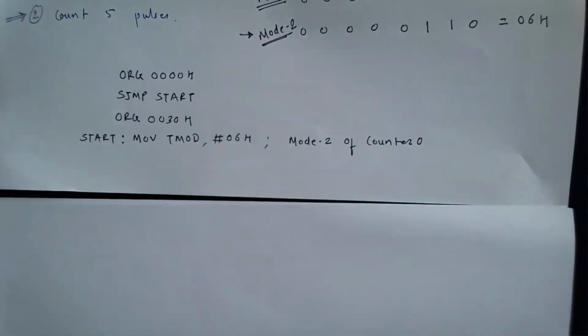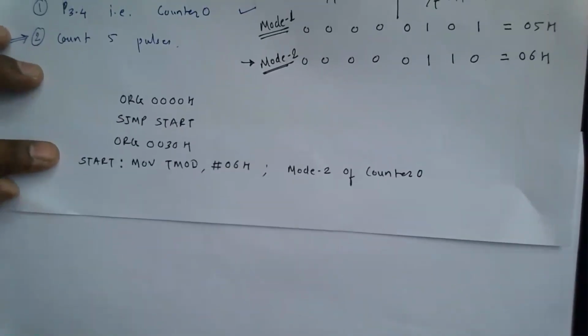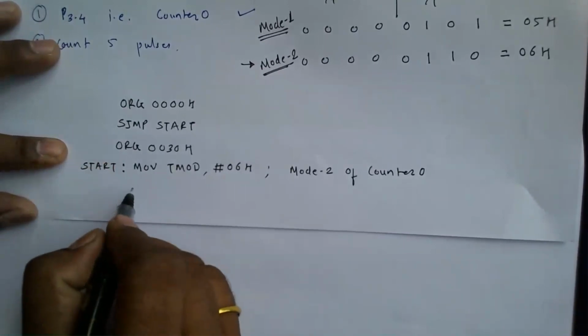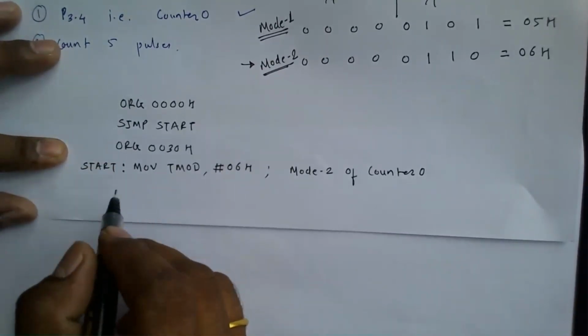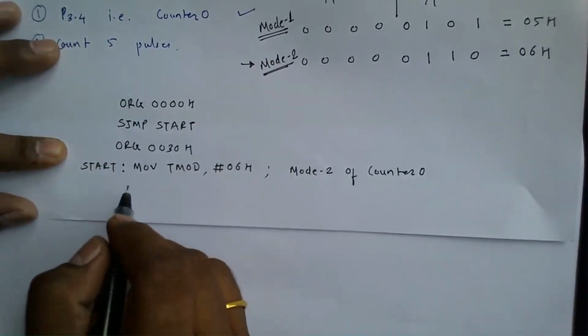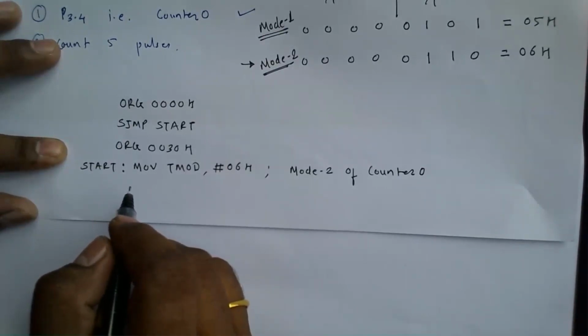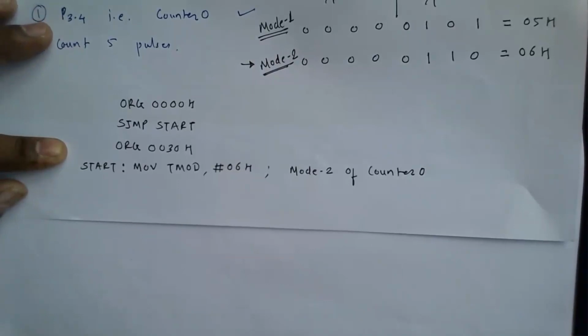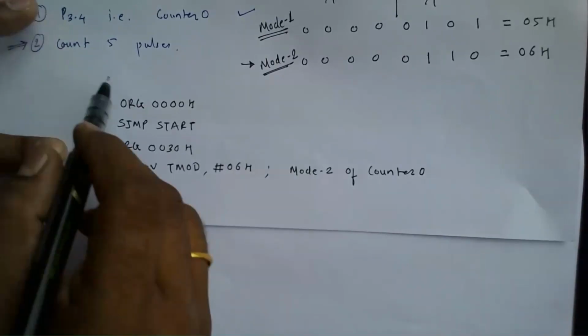What is the next step? Next step is to, yes, make the pin as input, right? So how do we make that pin as input? Anybody? Input कैसे करते हैं pin को? Set bit, right? We'll send 1 to it, right?